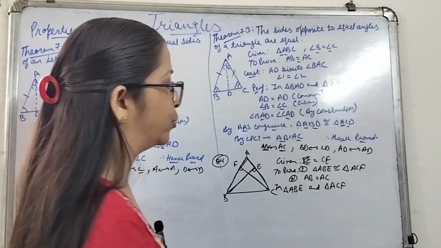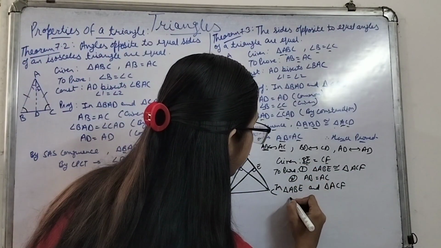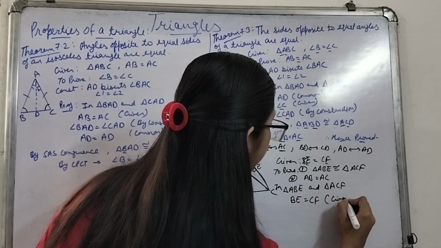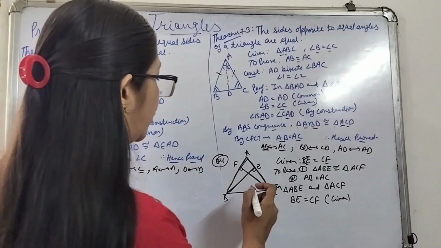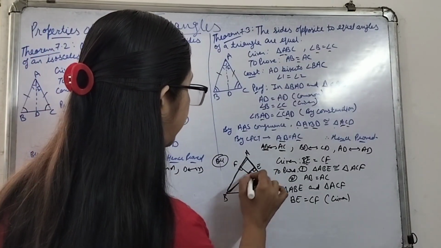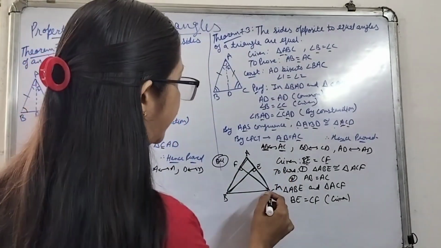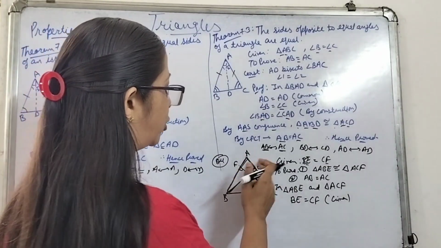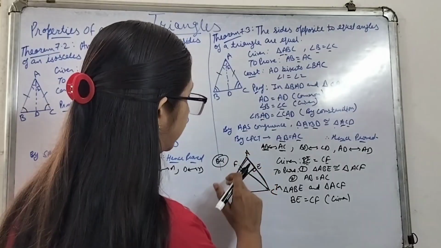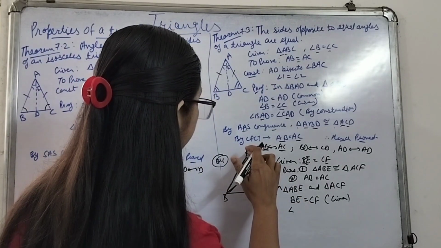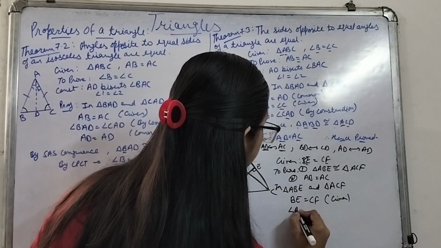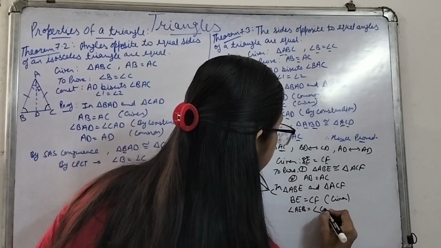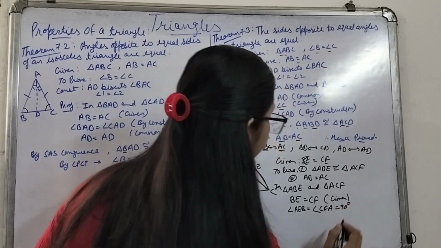It is already given in the question, so BE is equivalent to CF. Now we can see over here that angle BEA is 90 degrees and CFA is even 90 degrees because it is an altitude. So in these triangles, angle AEB is equivalent to angle CFA. Both are 90 degrees.